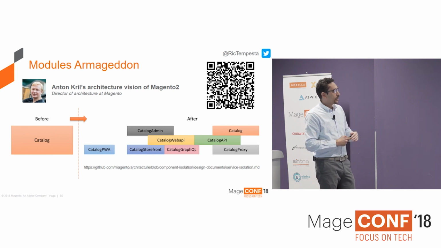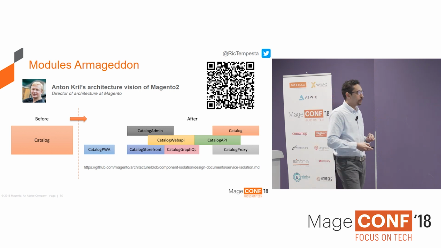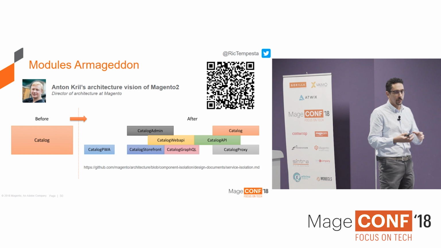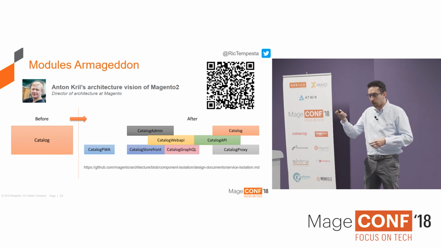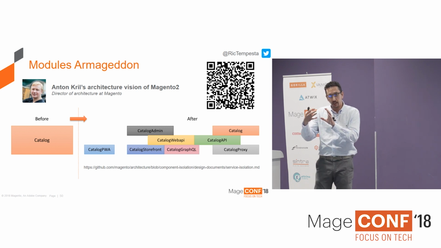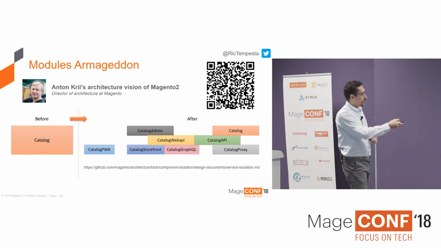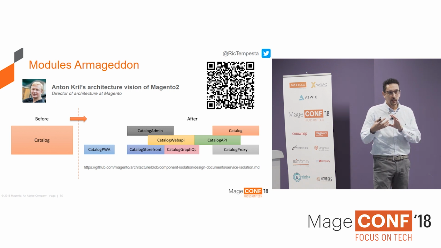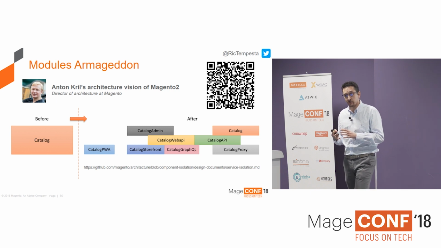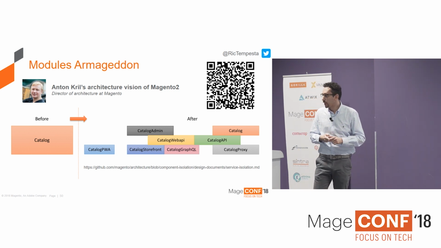Every single part of the catalog should be split depending on the responsibility. So for example, you should have catalog admin, as I showed you before. Catalog GraphQL, we saw before with Matt, should be a different module, and so on. If you just go to this link or scan this QR code, there is a very good explanation from Anton Kril about this new vision, and it's absolutely amazing.